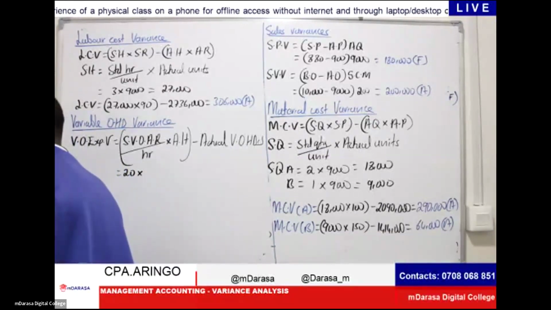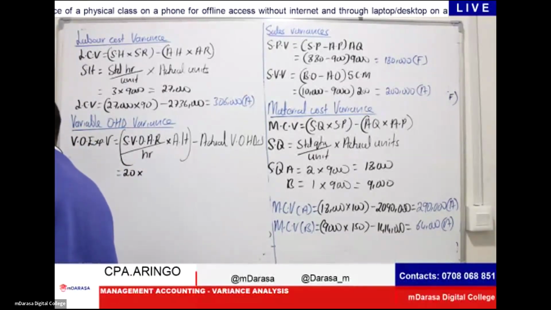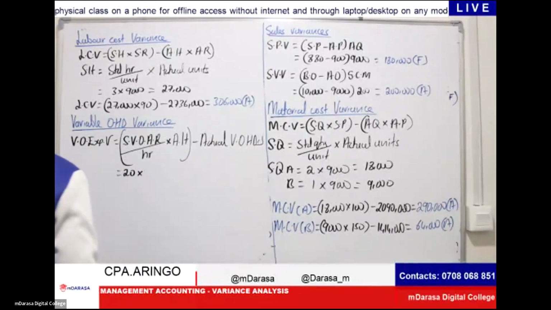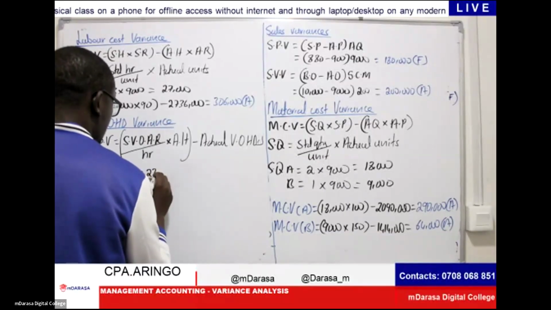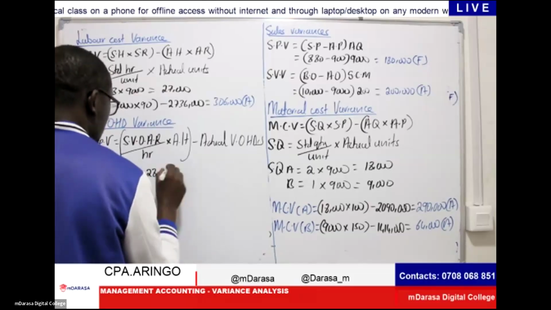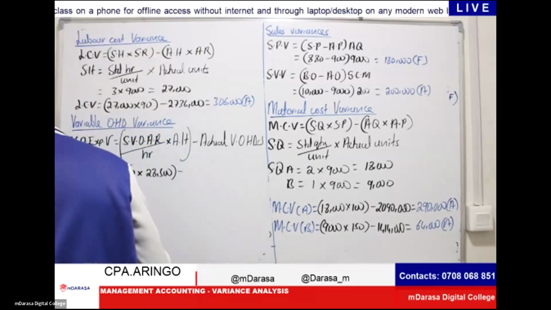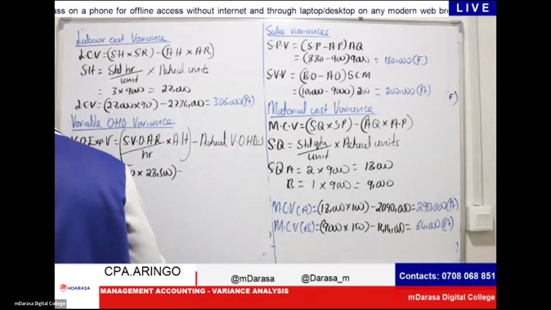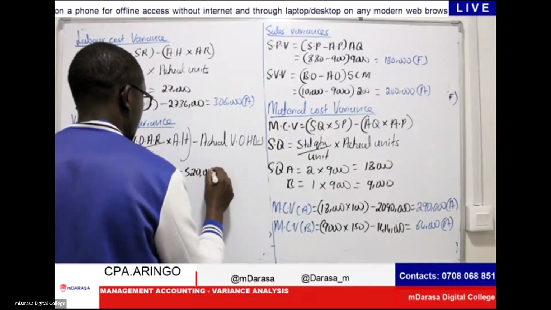According to our question, direct labor hours incurred, note number 4, were 28,500. So times 28,500 hours, we less our actual variable OHDs, which you are given as 520,000.